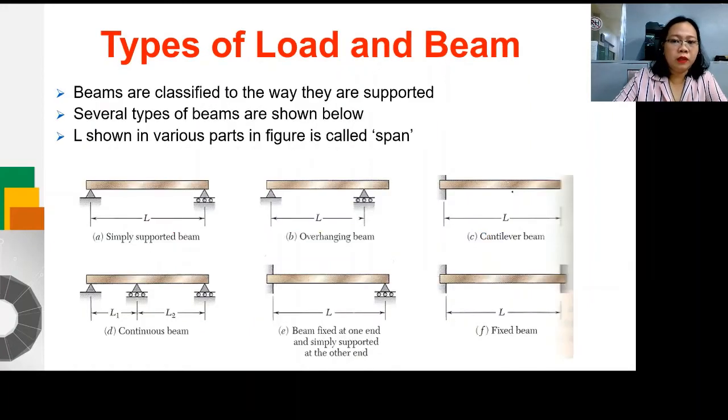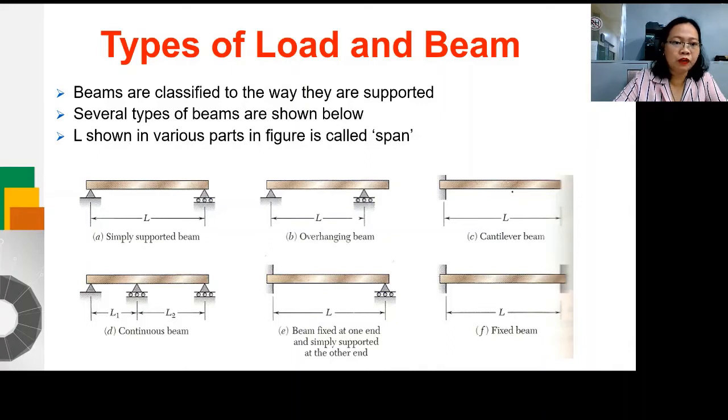Types of load and beam. There are two types of beam actually. Statically determinate and statically indeterminate beams. So this simply supported beam, how many reactions ang naaaning nga beam?